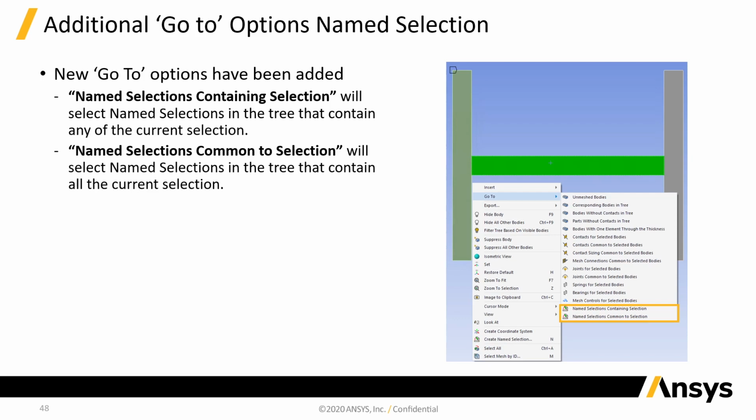So basically you find a contact between these bodies. You can do something similar now with name selections. So you can basically select a few entities in the viewport and then right-click and then go to the name selections that either contain that current selection or that basically contain selections that are common to what you have selected in the viewport.